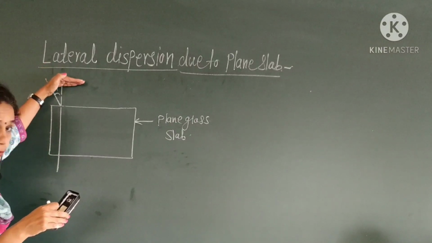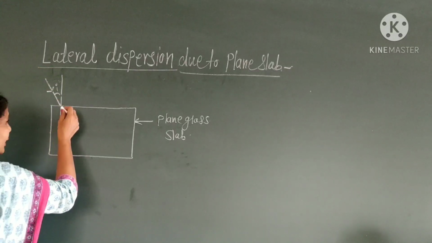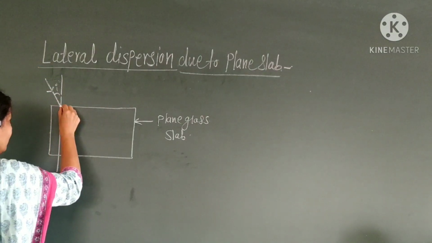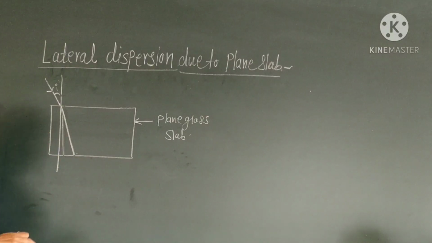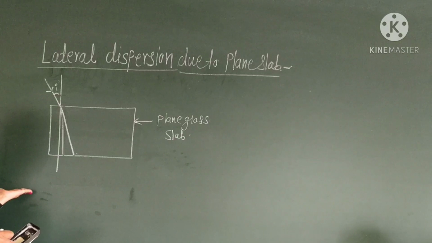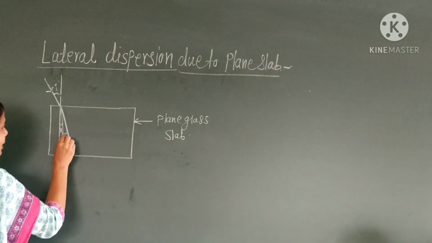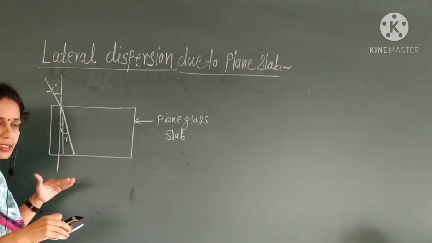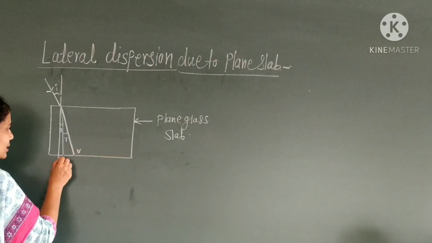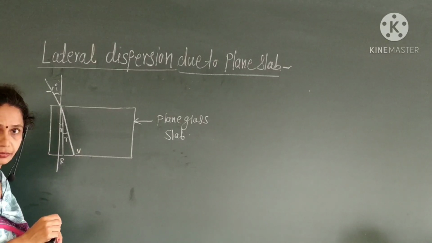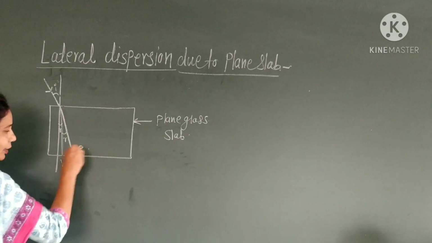When light rays travel from the rarer medium to the denser medium, they get refracted. Okay, like this. It bends towards the normal, making an angle r here. Here it is again r. Two rays we have shown. This is for the violet color and this is for the red color.